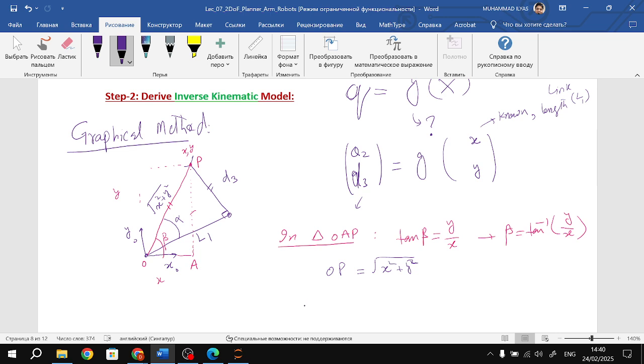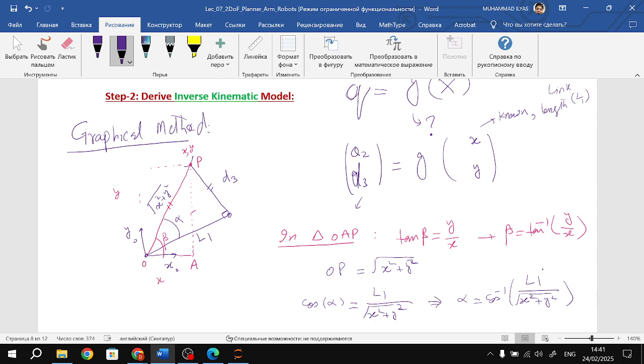So then cosine of alpha will be L1 divided by x square plus y square under root, right? So from here we can get alpha as cosine inverse of that, because we know L1, we know x, we know y. So we can find this one, right?